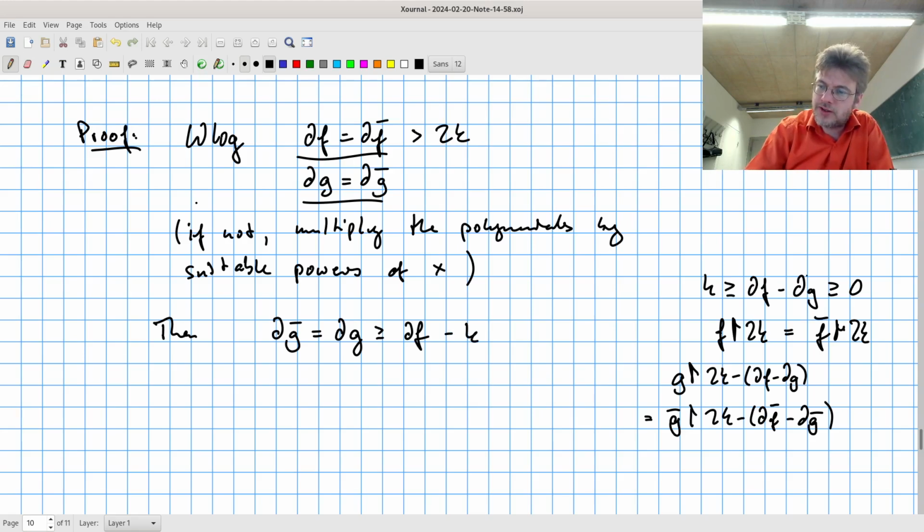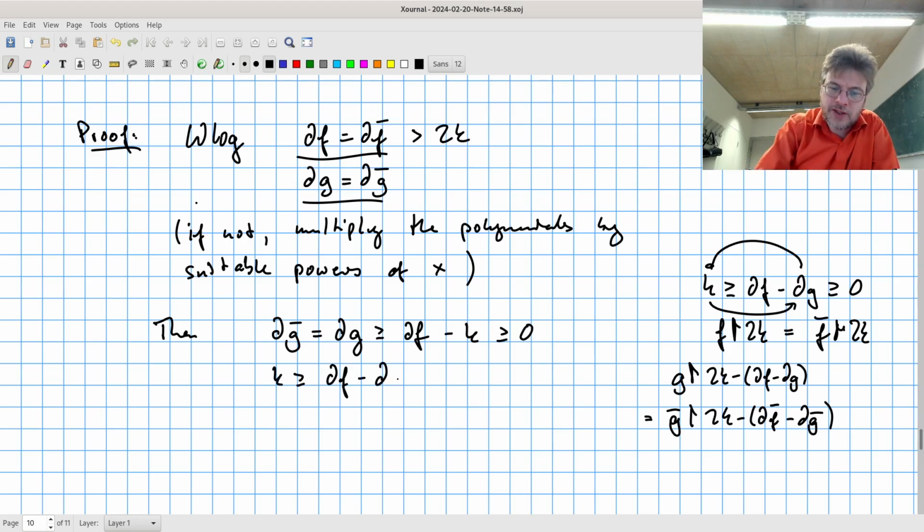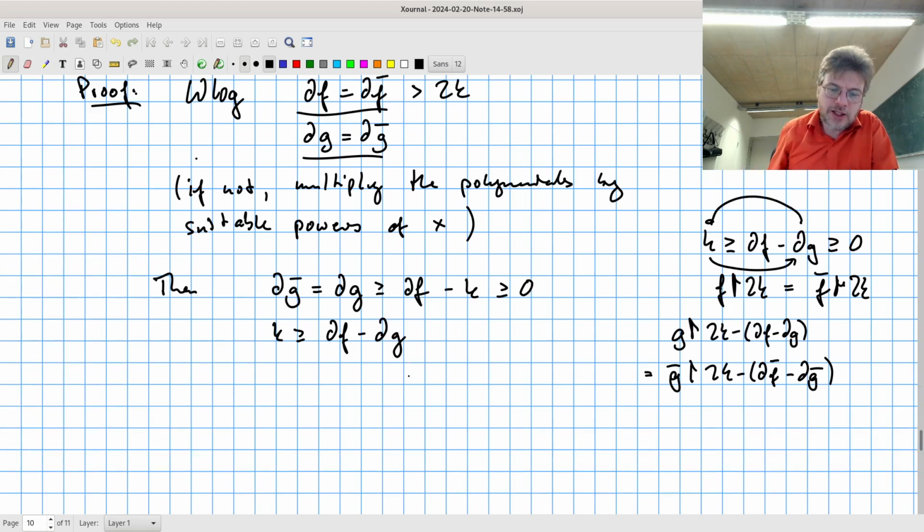So I get this by moving this one here and this one there, and this is non-negative. Okay, and also I know that if I write it down like here, I have k is at least degree f minus degree g, but the degree f minus the degree g, this is the degree of q, and we said that this is non-negative.